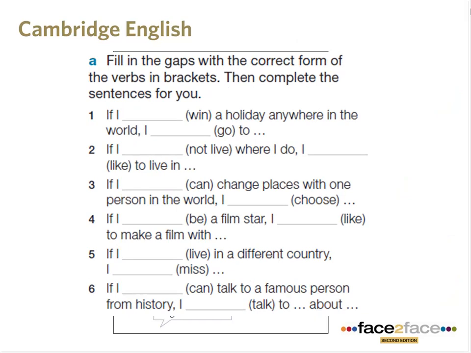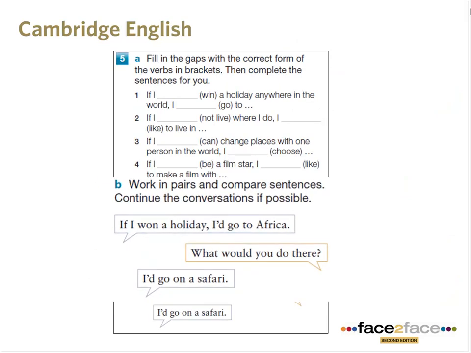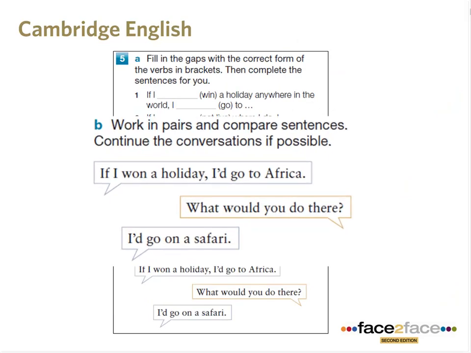But because all the sentences begin with I, it means that next we can ask the students to work in pairs and compare sentences and continue the conversation if possible. So again, we have taken a rather heads-down gap fill, brought it off the page and made it a speaking activity.